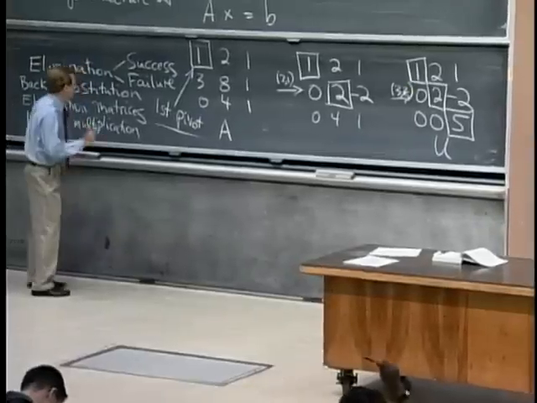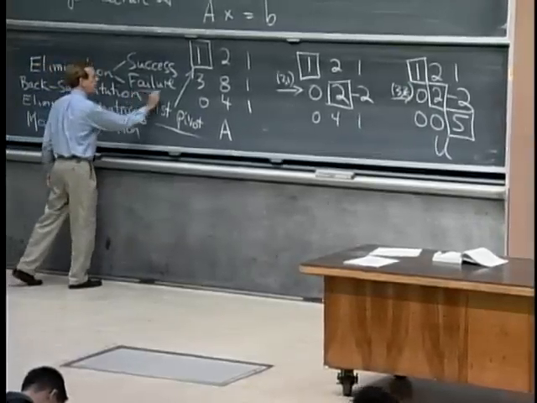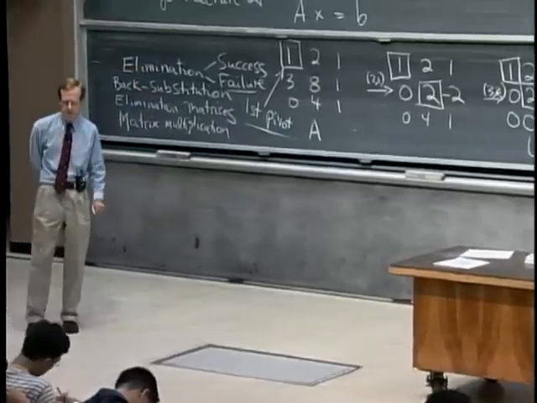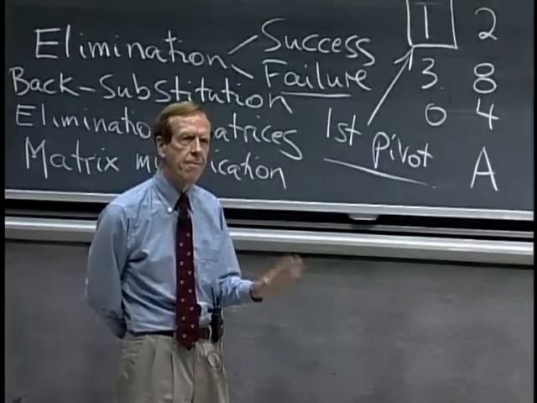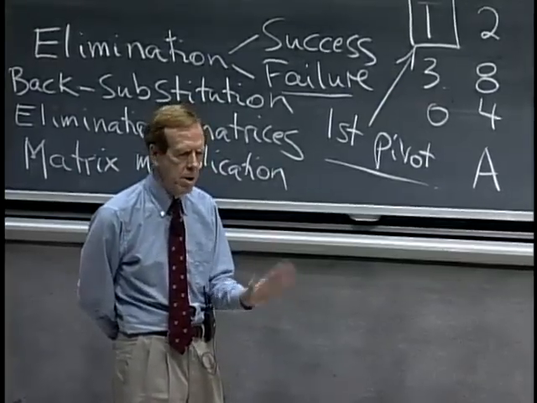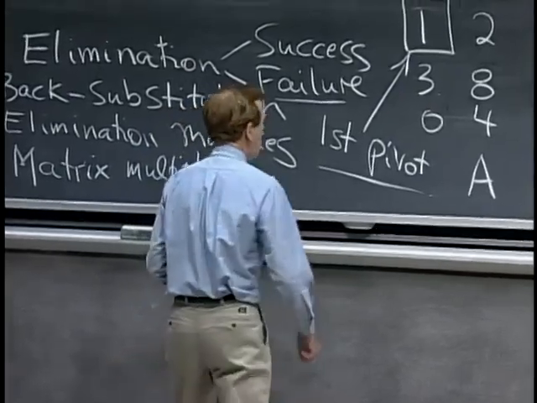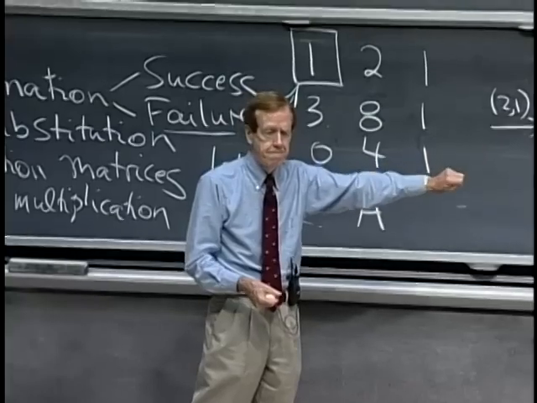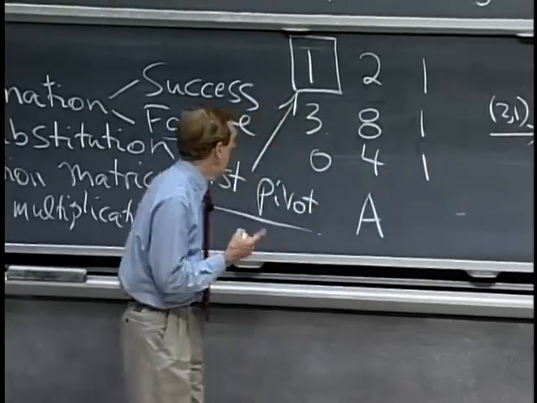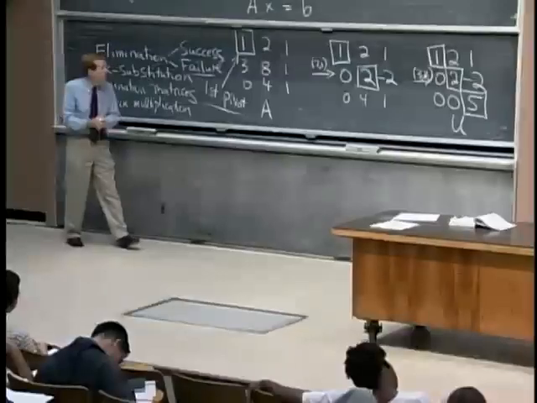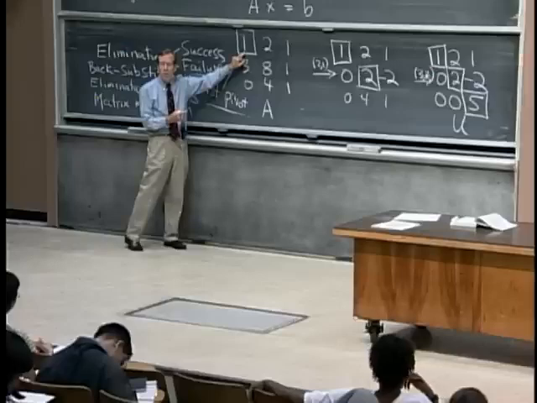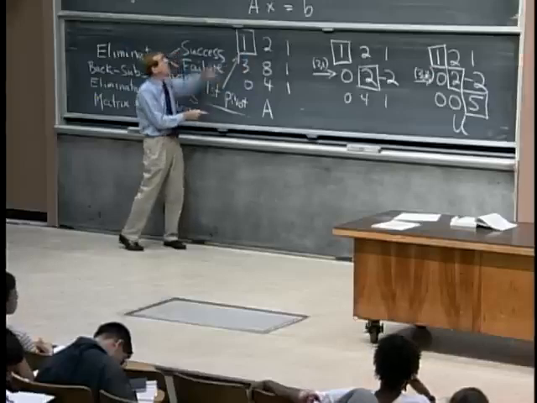Now, let me talk about failure for a moment, and then come back to success. How could this have failed? By fail I mean fail to come up with 3 pivots? Tell me, there are a couple of points. I would have already been in trouble if this very first number here was 0. Suppose that had been a 0.